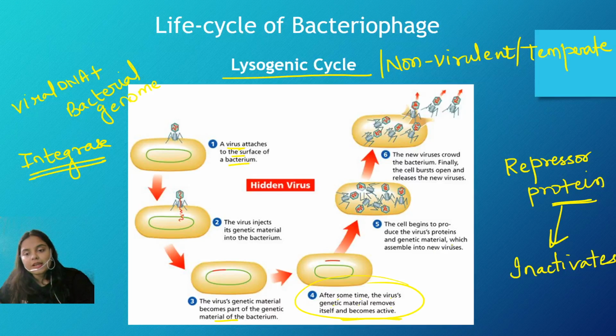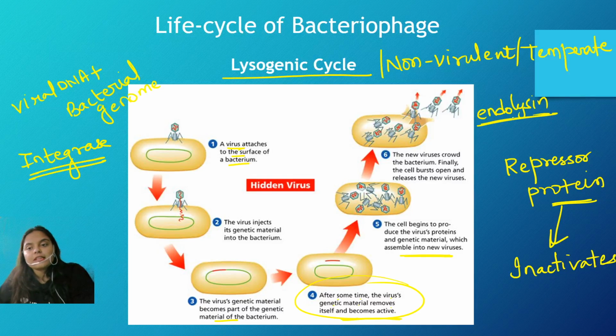Once these particles assemble to form the new viruses, they release the endolysin again, and with its release, the bacterial cell bursts, releasing the newly synthesized viruses into the surrounding. So this is the lysogenic cycle.